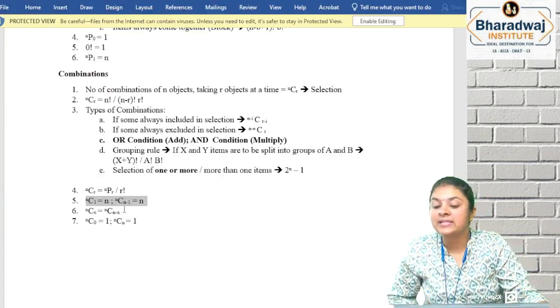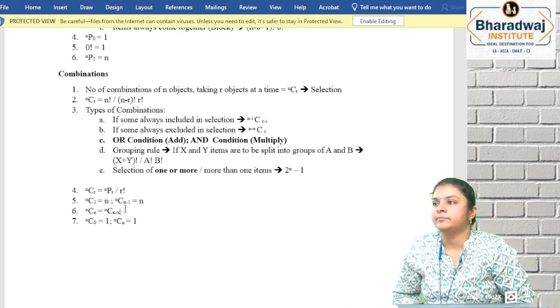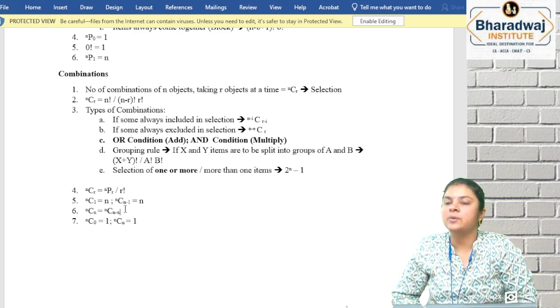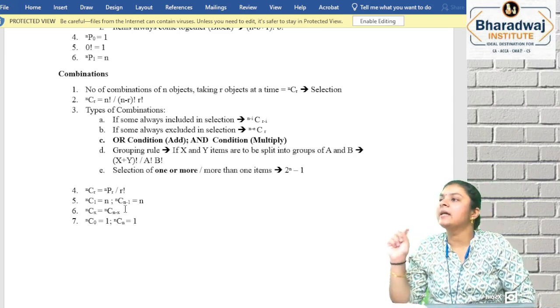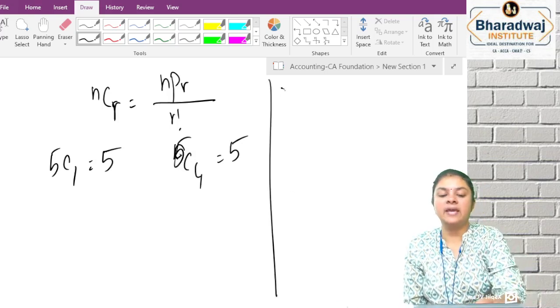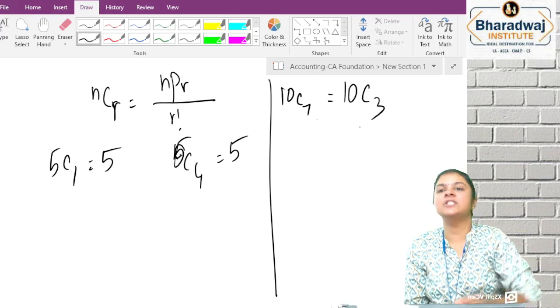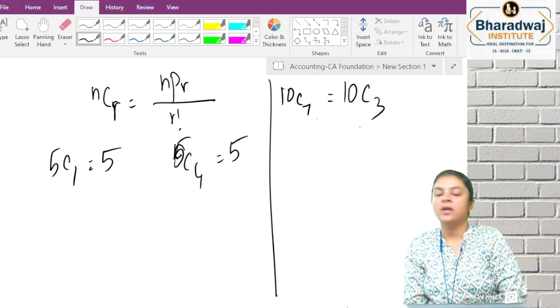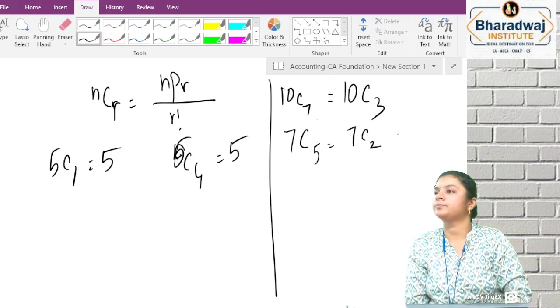Next, nCx is equal to nC(n-x). In combinations, the values of r and n-r complement each other. So if I say 10C7, the result will be equal to 10C(10 minus 7), which is 10C3. Or 7C5 will be equal to 7C2.